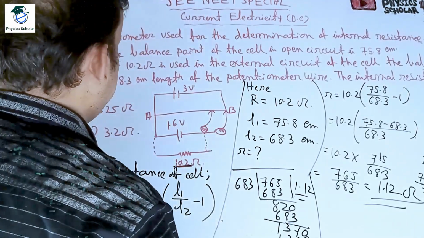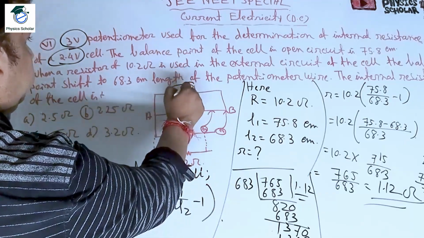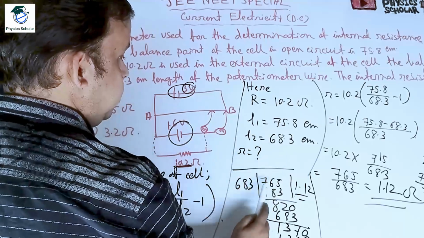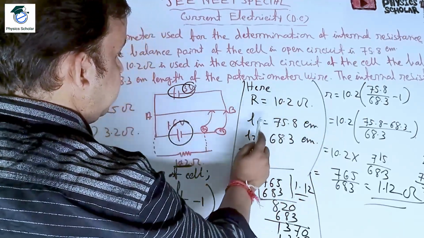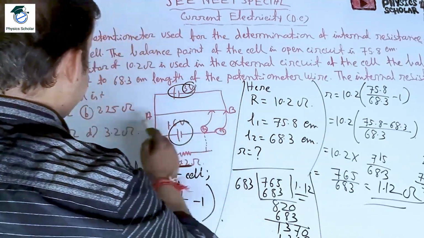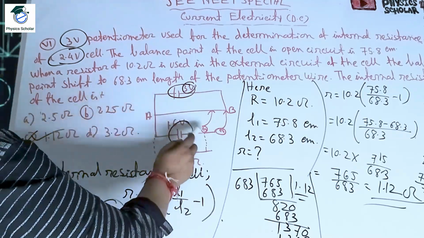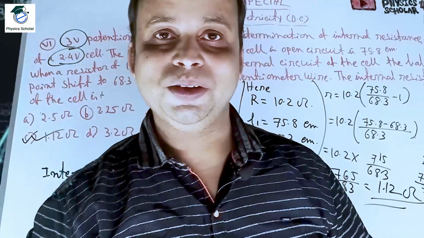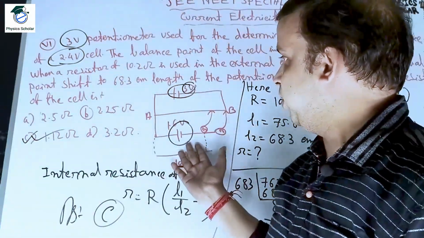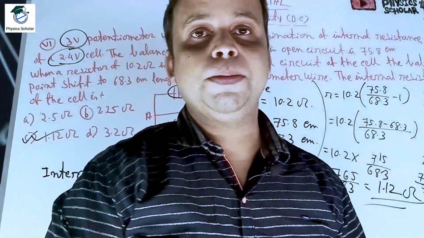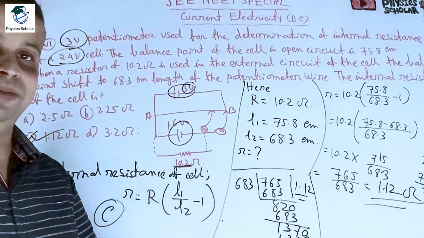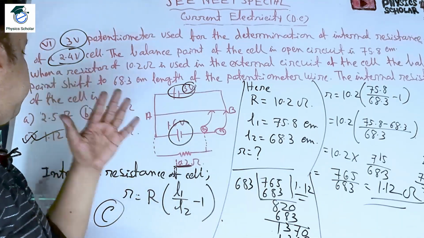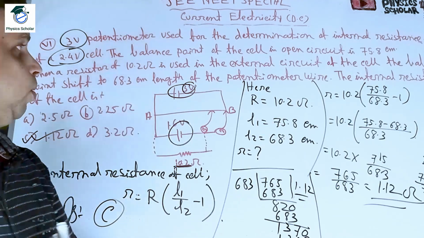Now we put the values of capital R, L1 and L2 and get the value of small r, the internal resistance of the cell, which is coming 1.12 ohms. I hope you have understood this problem. Very easy, if you can apply the formula. That means option number C is correct in this problem.